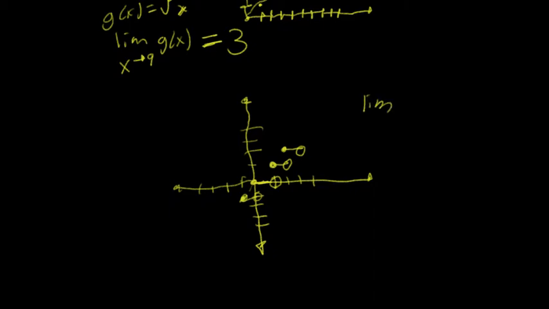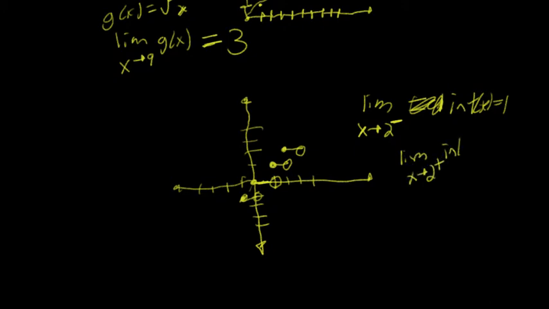So the limit as x tends to 2 from the left of int of x is 1. So we approach x equals 2 coming in from the left, the limit is 1. And the limit as x tends to 2 from the right of int of x, we also mentioned that the minus here means you're approaching from the left.